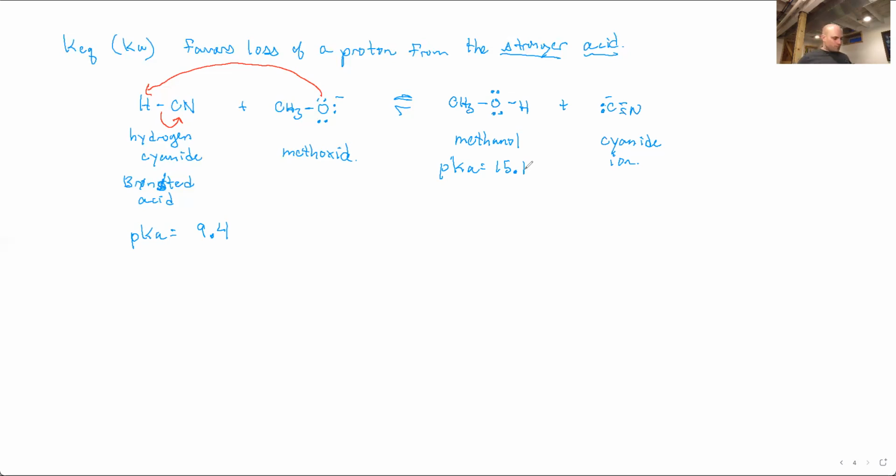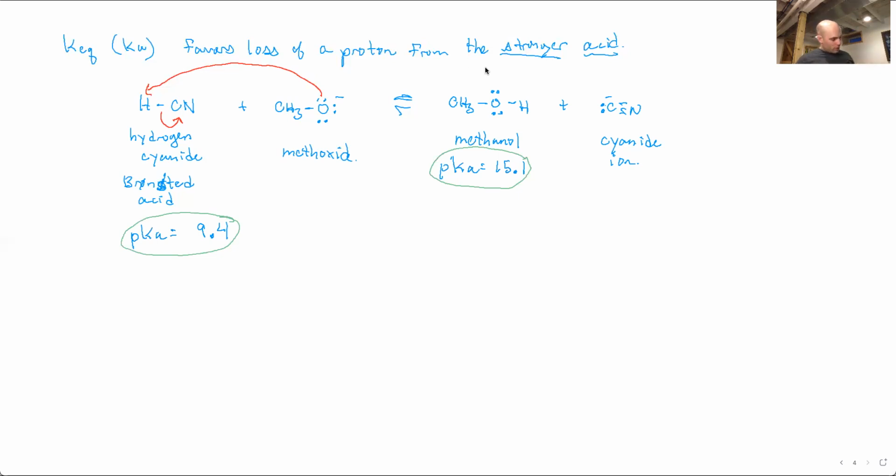And so we can go up to our definition, circle these, and say, all right, we know that the equilibrium constant is going to favor loss of a proton from the stronger acid, okay? Stronger acids have lower pKa values, okay?